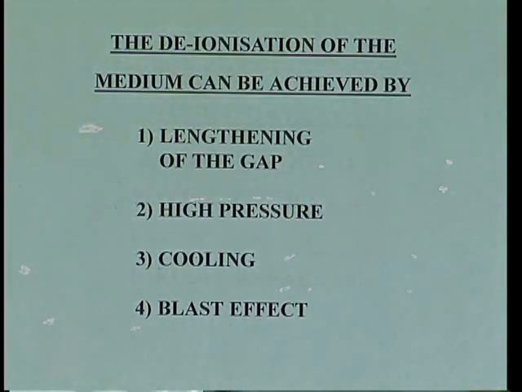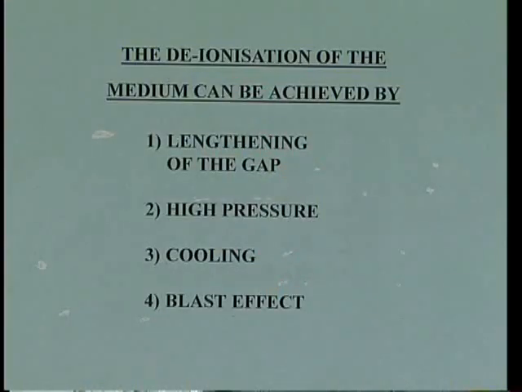We move the contacts rapidly, and therefore the dielectric strength increases, because the dielectric strength is proportional to the length of the gap. Here we increase the length of the gap rapidly, so the dielectric strength increases more. This eliminates or extinguishes the arc, and so the current is interrupted.